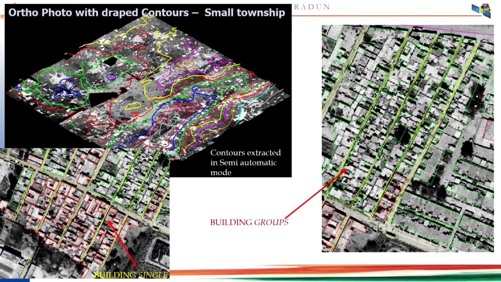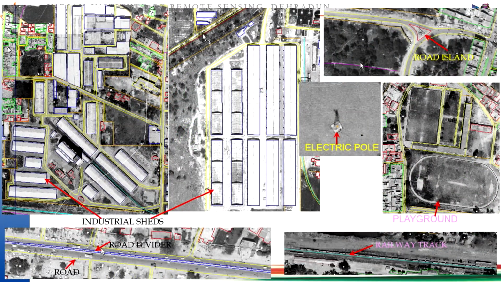Once you have generated the orthophotograph, you can generate contours like this. I am showing you one case study in which the orthophotograph was generated, on which the contours were generated. Individual buildings, the group of buildings, industrial sheds, road divider, electric pole, road island, playground, railway track, everything was clearly visible.